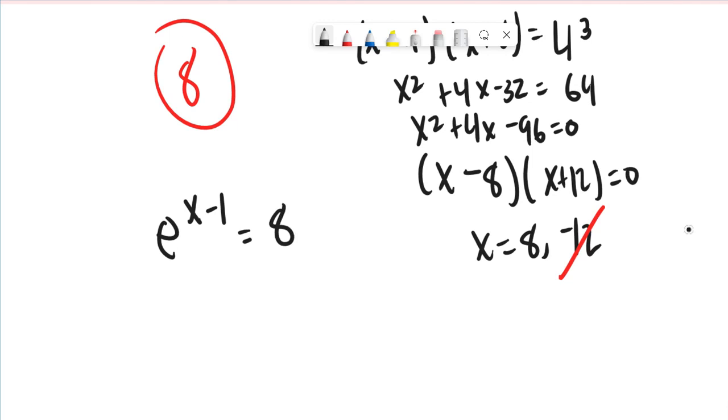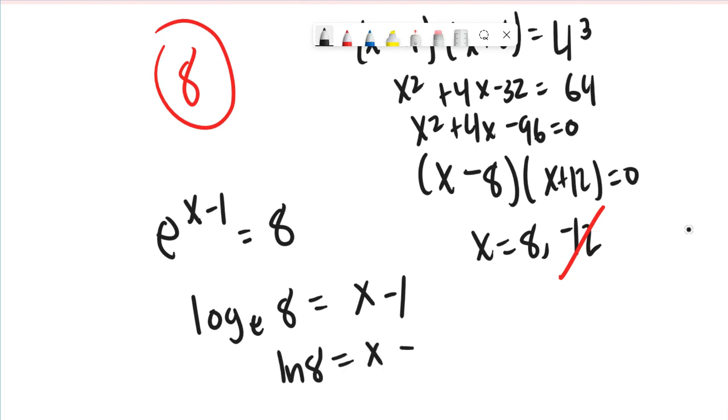Okay, so this could be log base e of 8 equals x minus 1. But log base e is ln, so ln of 8 equals x minus 1. But that means that basically x equals ln of 8 plus 1.